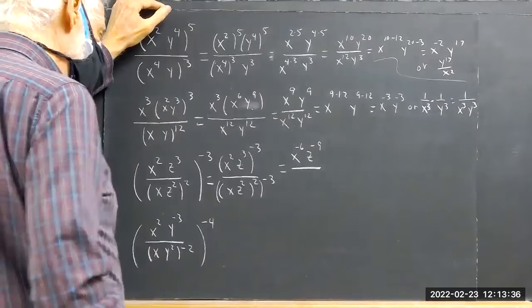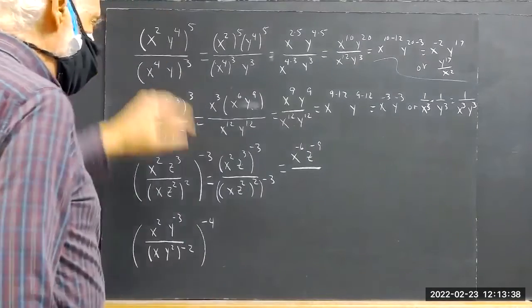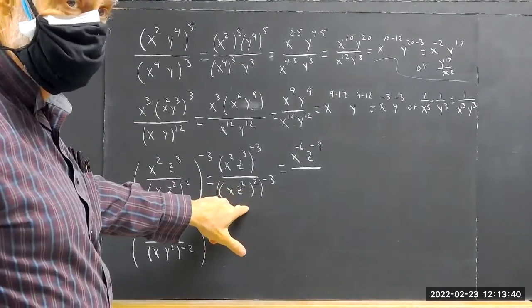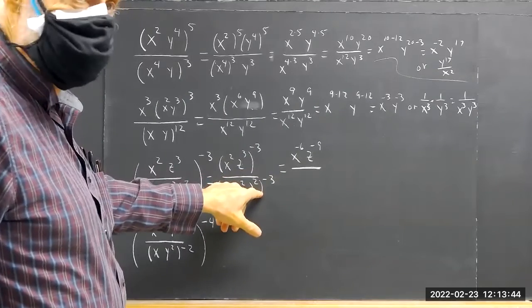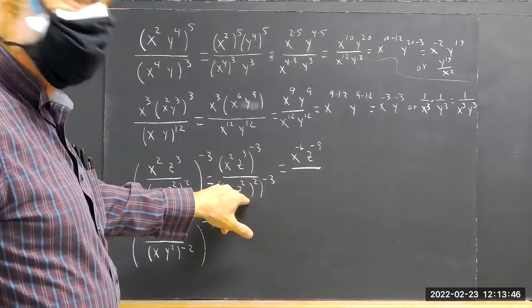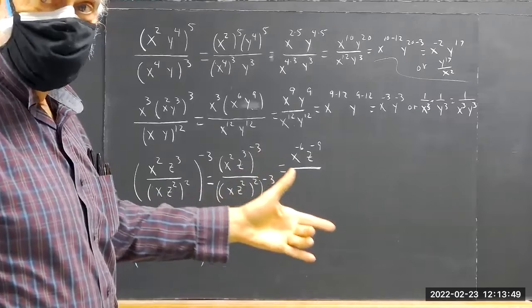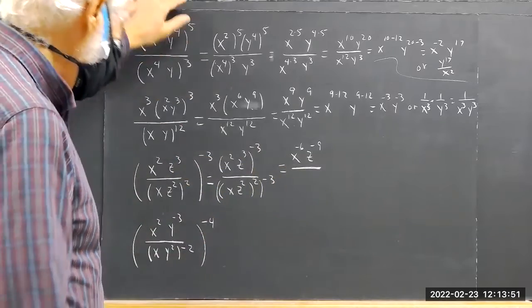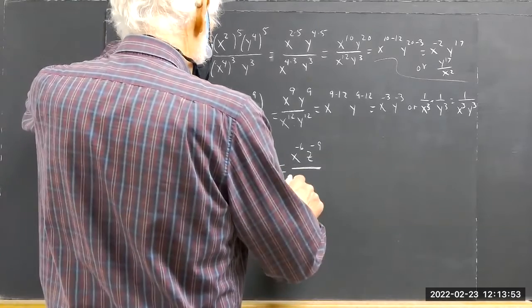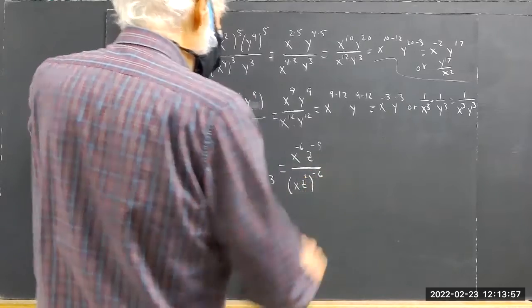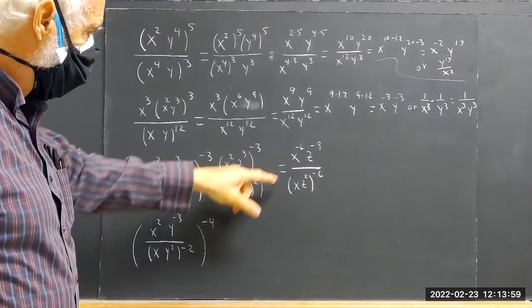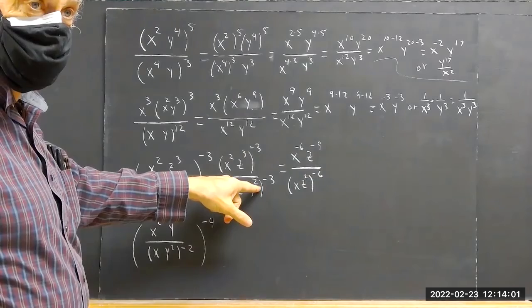The denominator, we have a couple of choices. We can work inside the parentheses, or we could apply the rules for power. Here, I'm going to apply the rule for power, but most of you will choose to work in parentheses. You're going to get it right either way. But just to demonstrate, you understand that we could write this as x z squared to the negative 6 because we have the negative 3 power of the second power, right?